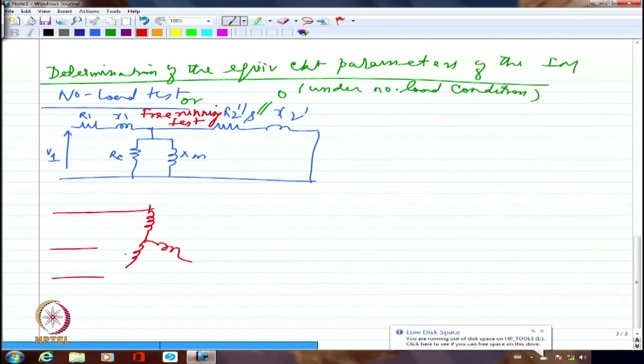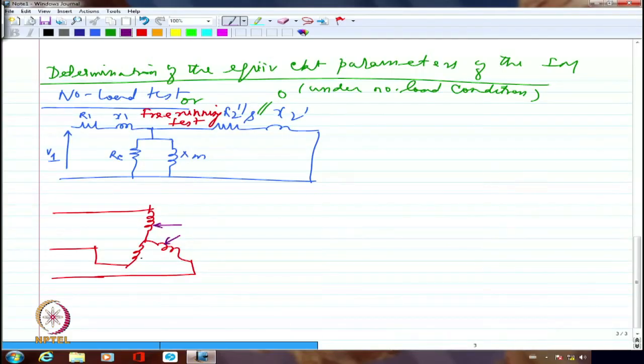So I am connecting the full supply to the variac, and I am going to have 3 jockey points coming out like this, which will go to the 3-phase induction motor. Right? I can't do it per phase, obviously. I have to do it for 3 phases and then calculate per phase parameters.